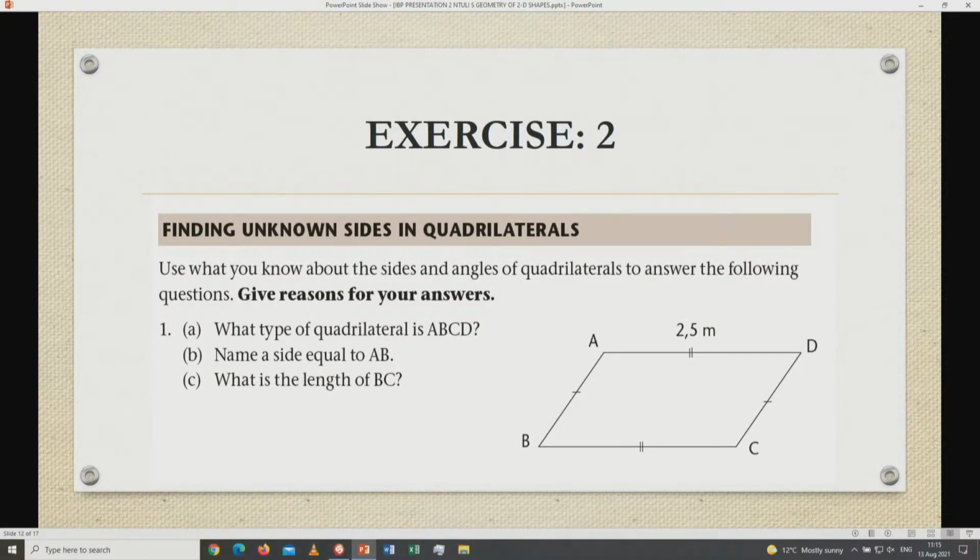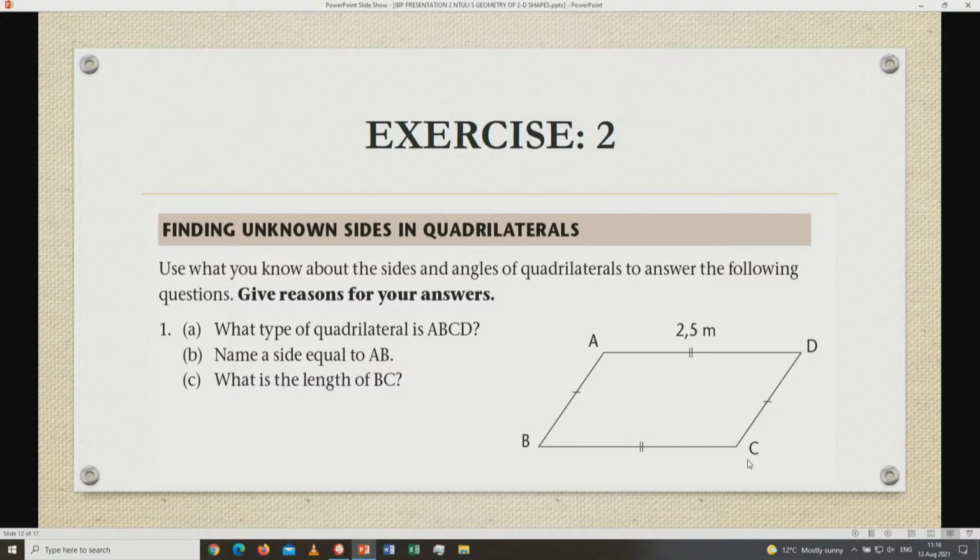Number C. What is the length of BC? BC, guys. Remember the markings, the markings. So AD is 2.5 meters. Therefore, AD is equal to BC. We'll start like that.